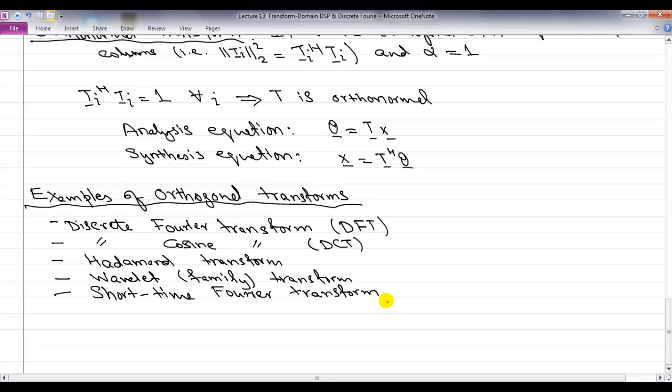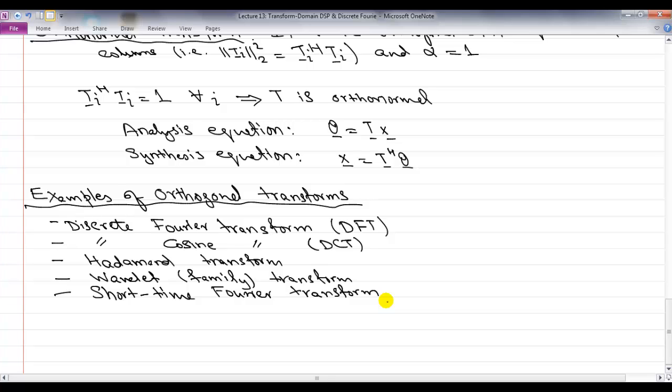Okay. So our goal is, I gave you a general definition of transform because I don't want to repeat what will be the analysis equation or what will be the synthesis equation for different transforms, as long as you get the basic concept. We are again taking the approach that we are studying the definition of a transform from an abstract perspective.